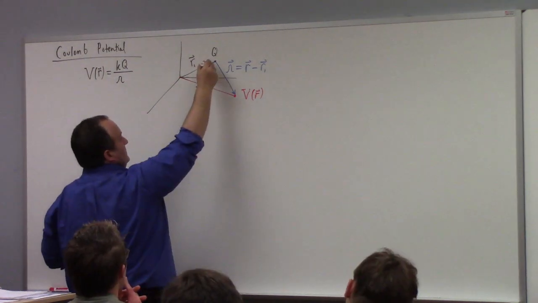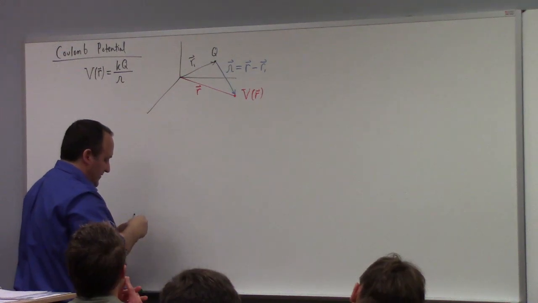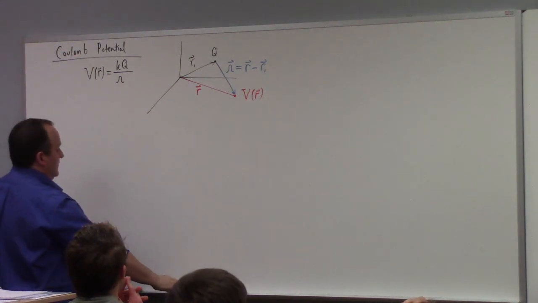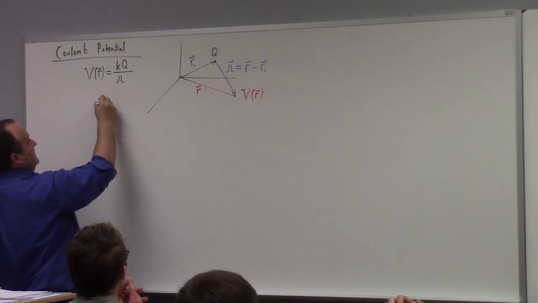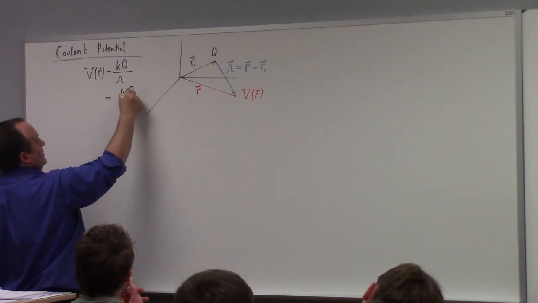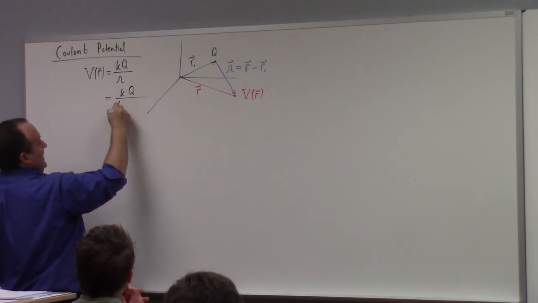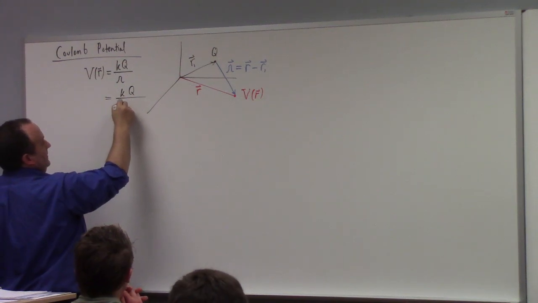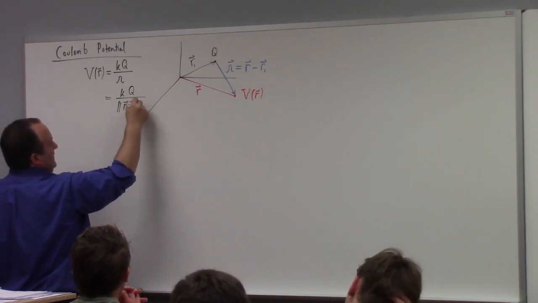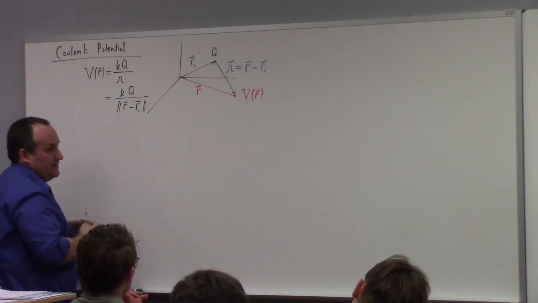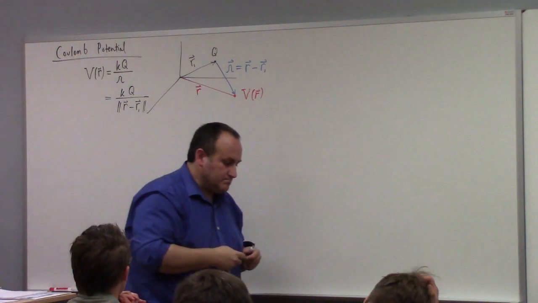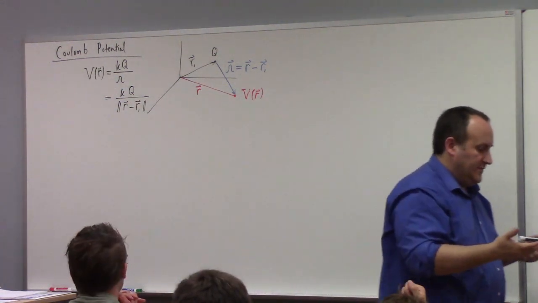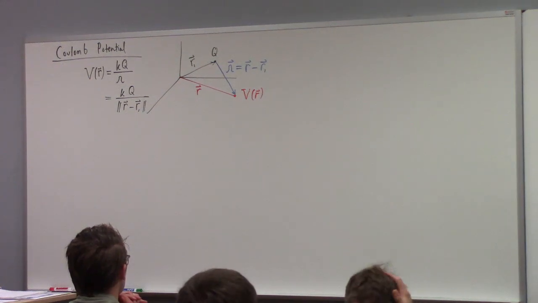So that's a good sign that my formula is right. But in detail, this is actually KQ over the length of the vector R minus R1, where I'm assuming that the charge Q is at R1. All right? So that's how to get the voltage for a point charge.